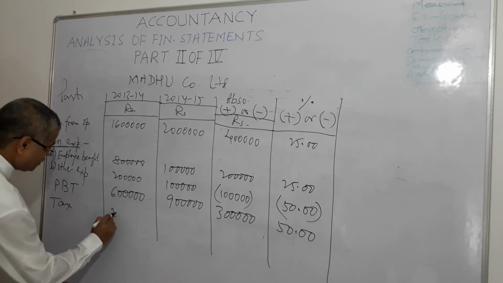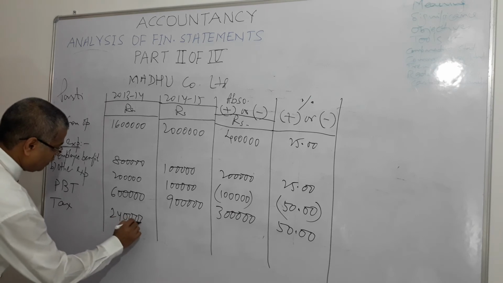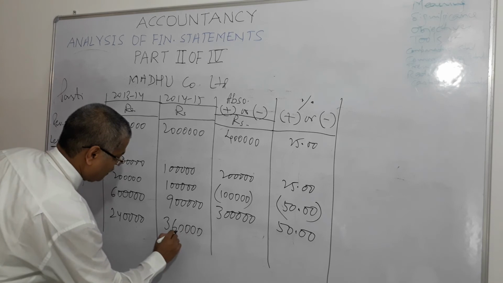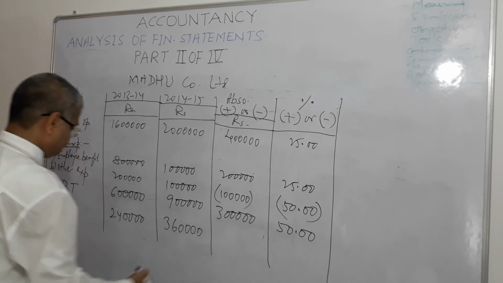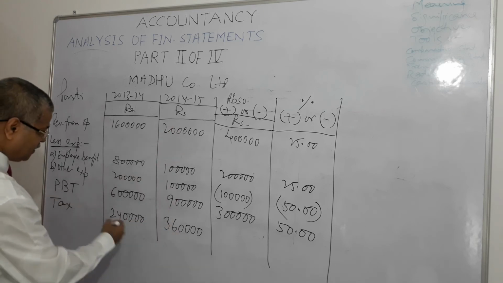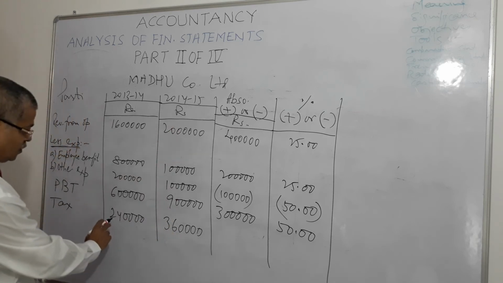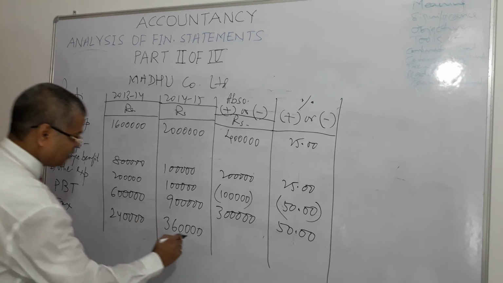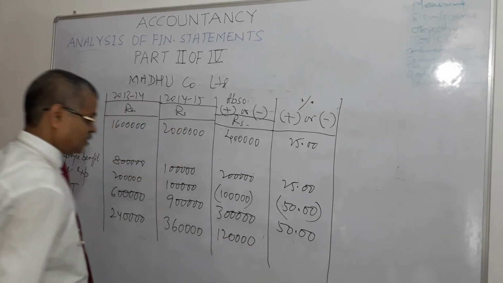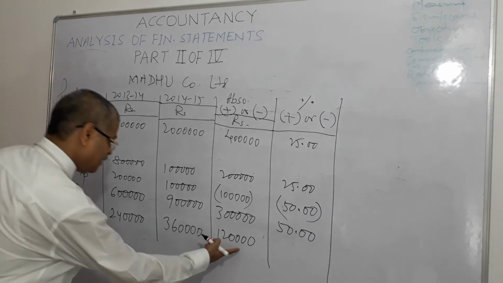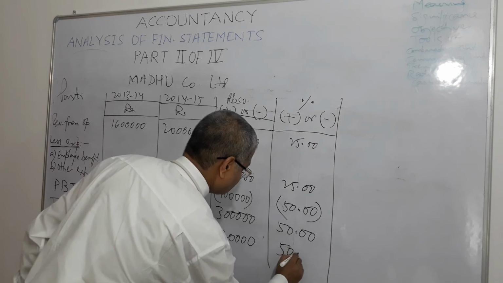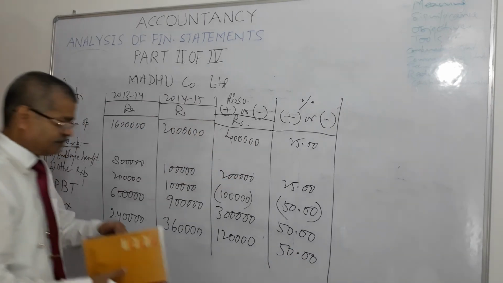Then the tax rate is 40%. 40% of this is 2,40,000, 40% of this is 3,60,000, right? Then what is the absolute increase or decrease? From 2,40,000 it has become 3,60,000. So there is an absolute increase of 120,000, and 120,000 as a percentage of 2,40,000 is 50%, right?